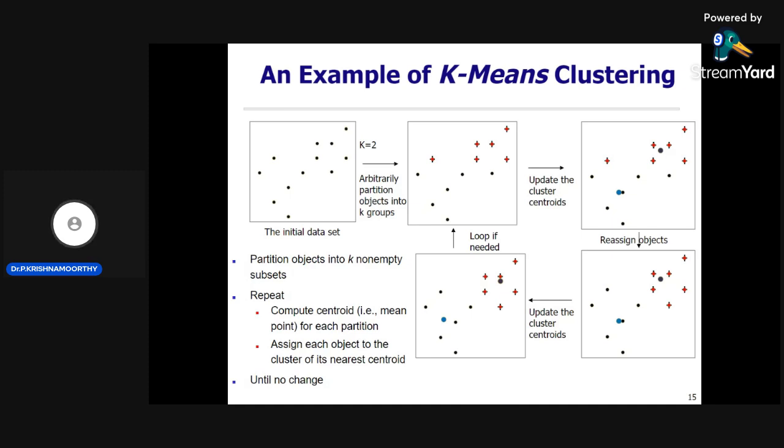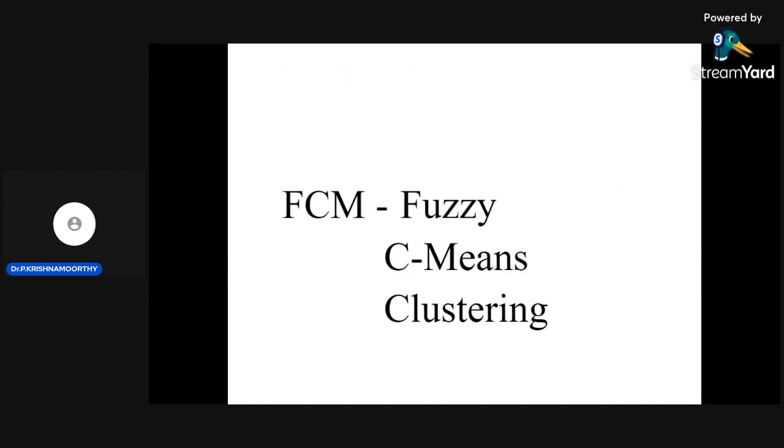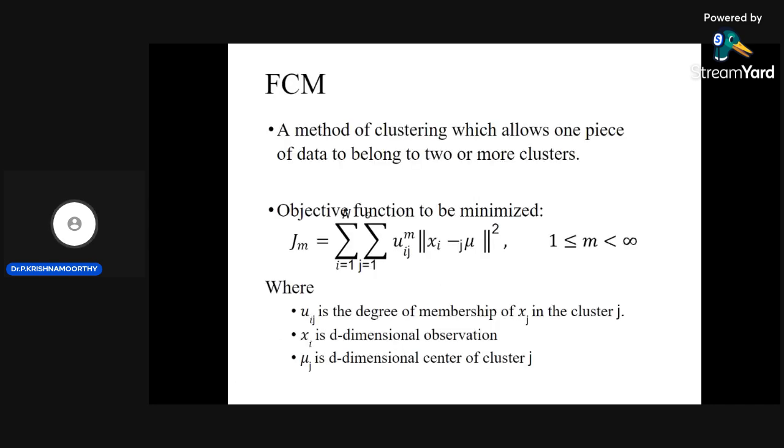Here is an example of k-means clustering, and fuzzy C-means clustering. This method has an objective function to be minimized.